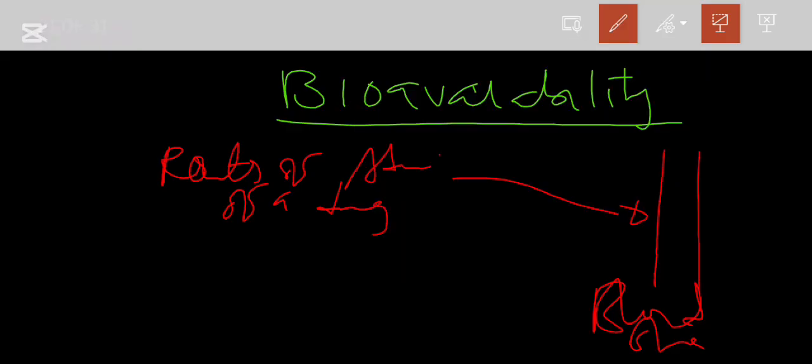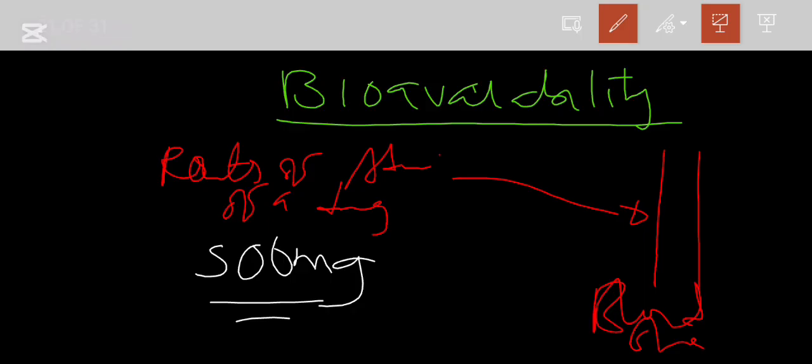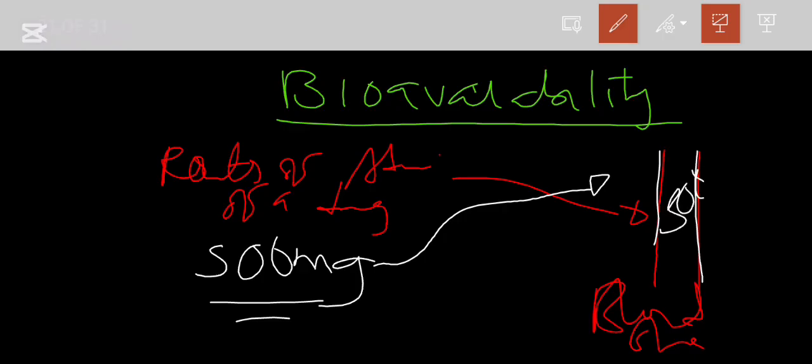So in other words, if you administered 500 milligrams of paracetamol to this patient, we are saying how much of this drug is going to be unchanged, meaning how much of this drug is going to reach the bloodstream. If 500 milligrams reaches the bloodstream, we can calculate it.